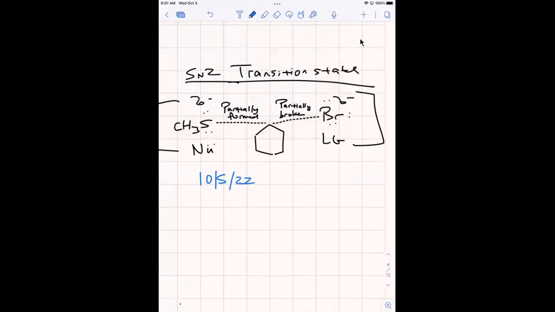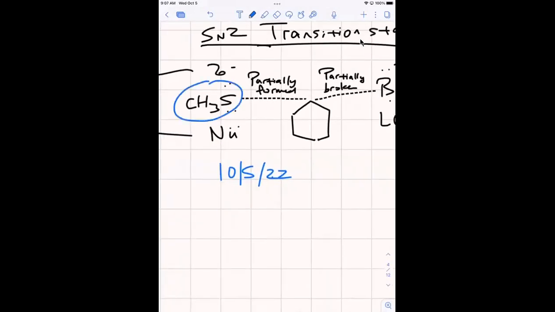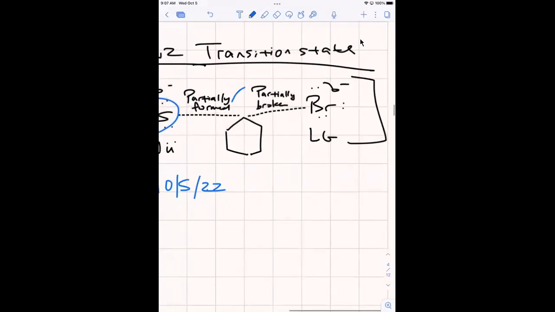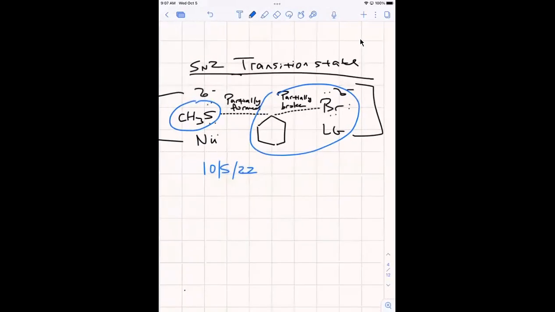In the transition state of this reaction, you can see that both the nucleophile, which is right here, and the substrate are involved in the rate determining step.